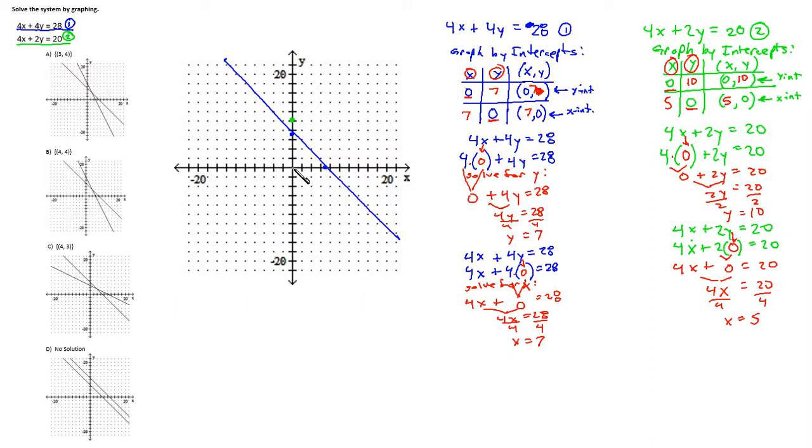Right 5. 2, 4, halfway between 4 and 6, I find 5. And we're going to connect these points with a line.